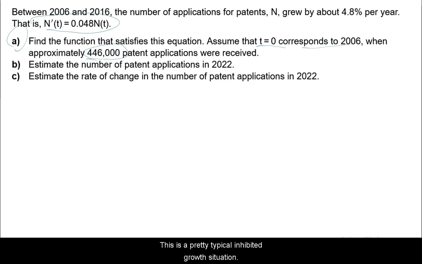This is a pretty typical uninhibited growth situation because the derivative of this function is equal to a certain number, you can call it k, times the function itself.